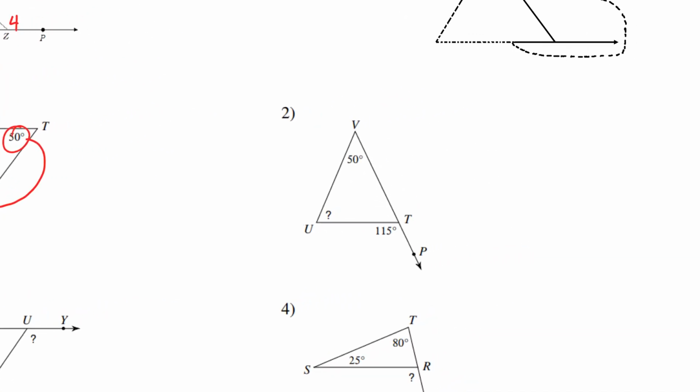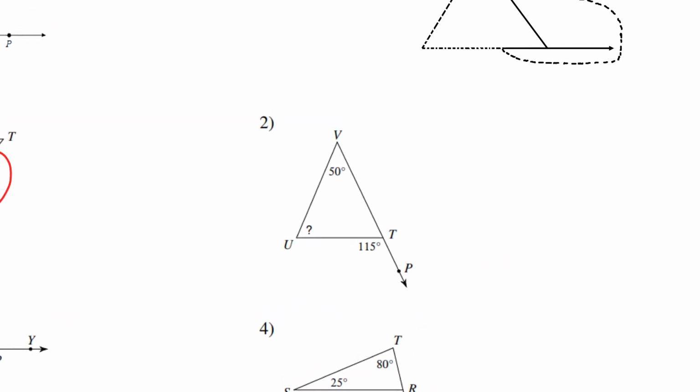Okay, on number 2. So again, from what we did yesterday, if you ripped this angle off and this angle off right here, those two would fit exactly into this right here. So I'm thinking, all right, some number plus 50 is 115.